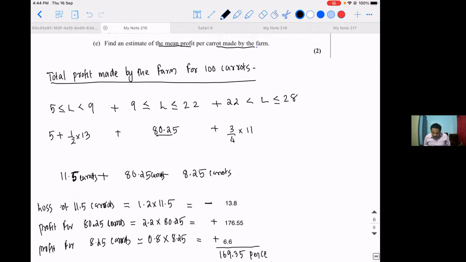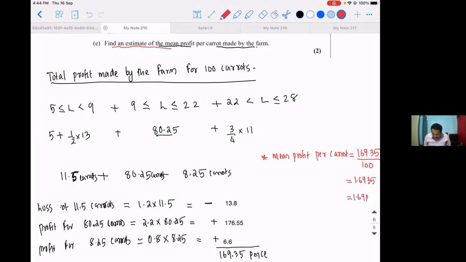But this is not the final answer, because they're asking to find the estimate of the mean profit per carrot. So the final answer will be the mean profit per carrot. That means the total profit is 169.35, and we have 100 carrots, so we have to divide by the total. So 1.6935.